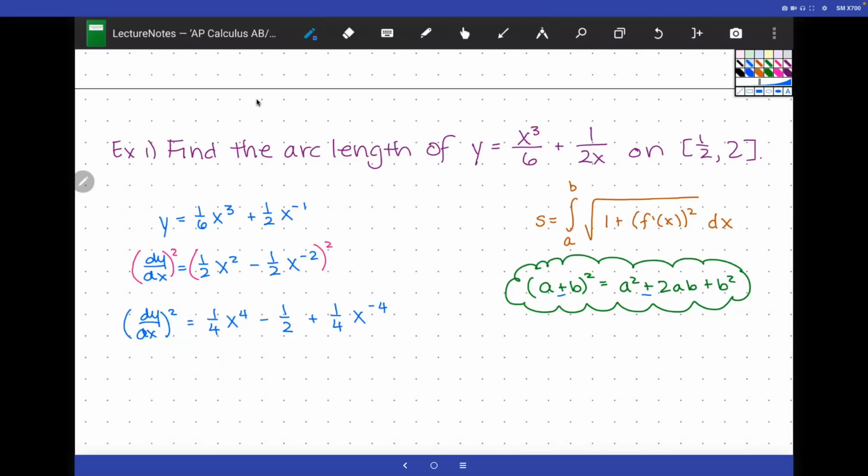All right, so then the next thing in the formula, it says to add 1. So let's go ahead and I won't freeze the screen for this. We're just going to add 1 onto both sides and see if this simplifies it all. Sometimes it does. Sometimes it doesn't.